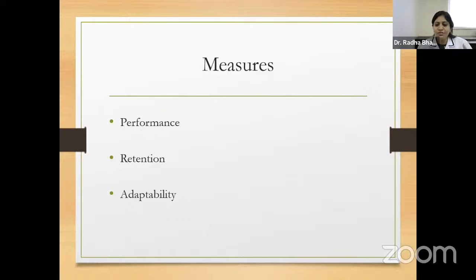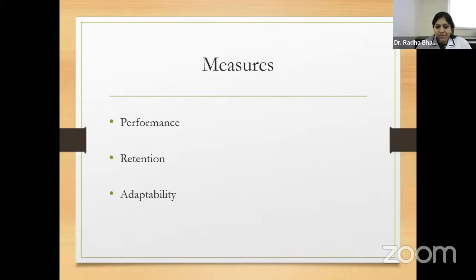If a person learns to walk in the clinic, the space of his home is not necessarily the same as the space here, and the flooring is not necessarily the same. So in the same way, if he can adapt his behavioral movement skills in varied environments, then we say that there is adaptability, or there is transfer of training, or it can be modified as and when required by the patient. So that is about adaptability.